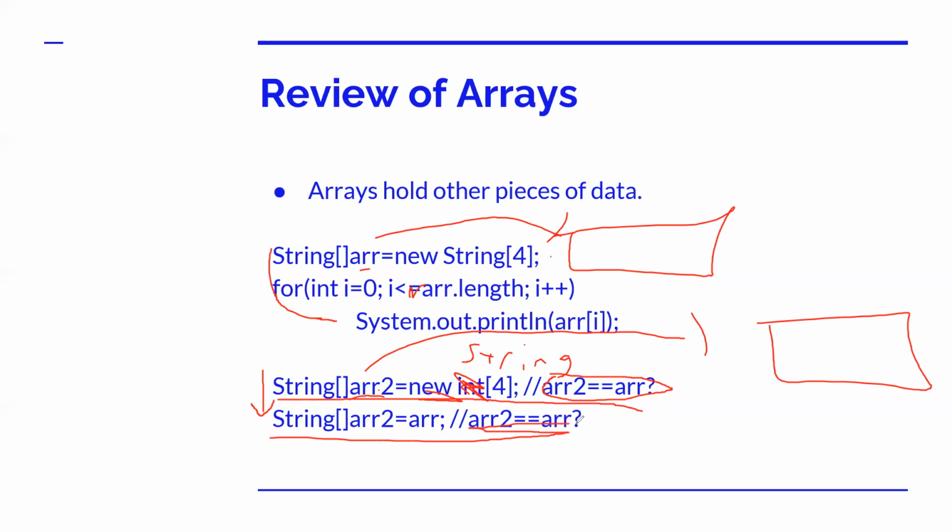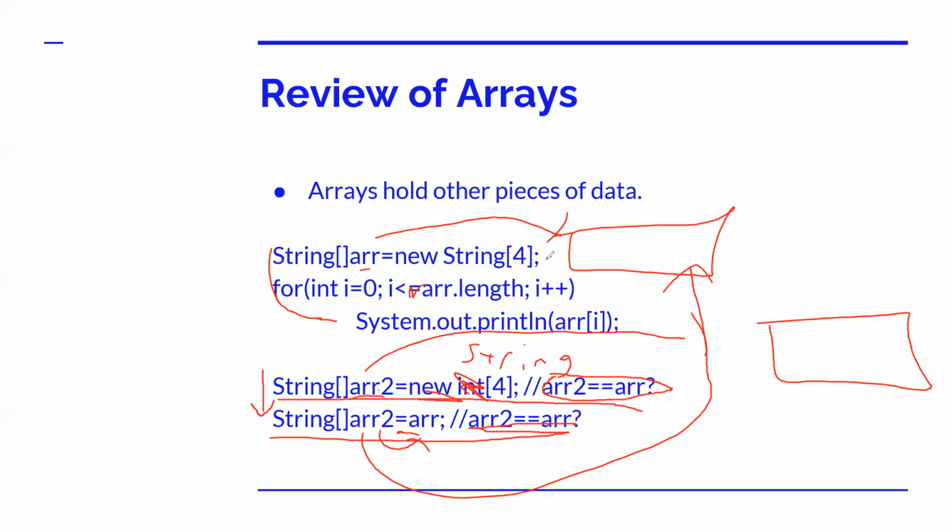After this line, is this true or false? Awesome. Yeah, it's true, because now they both point to the same place in memory. This equal sign assigns array2 to array, which means array2 now points to the same place in memory as array.